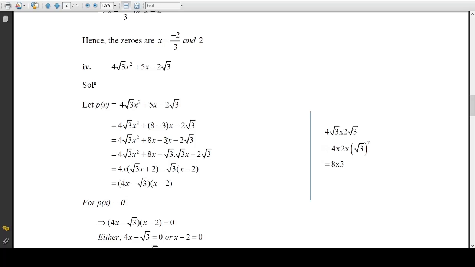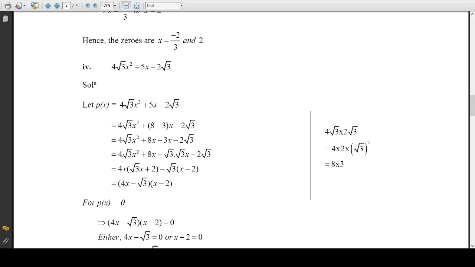Then this 3 can be written as root 3 square, isn't it? Root 3 square means root 3 multiply root 3, which will give you 3. Clear? Why have I written like this? Because it will be easy for you to choose the common term.